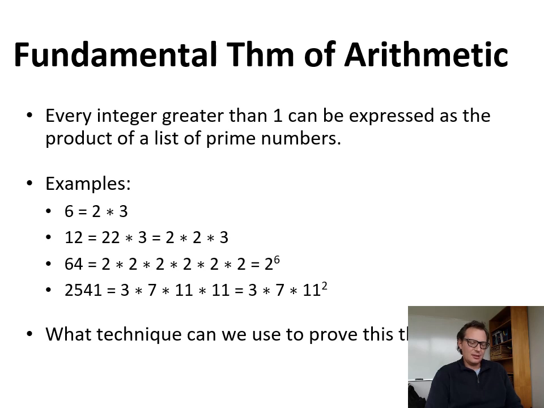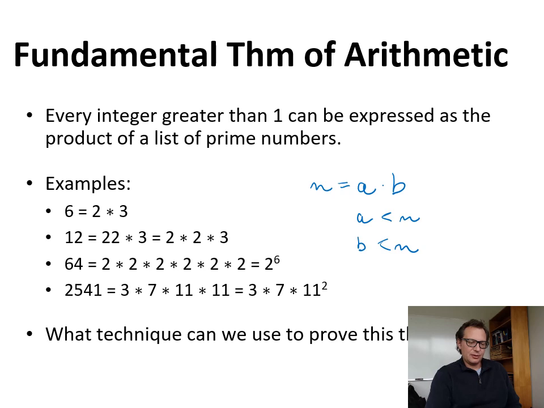So how will we go about this? Well, there are 2 cases. Either n is a prime number, in which case we're done, because then n can just be expressed as itself, or n is not a prime number, in which case we know from the division theorem that n is equal to some a times b, and this a and b are both less than n.